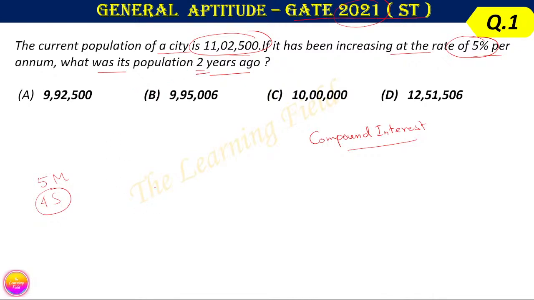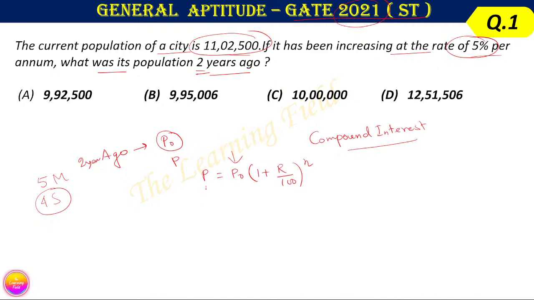Suppose the population 2 years ago is P0, and after 2 years the population is P. Then we can write P equal to P0 into 1 plus R by 100 to the power n, where R is the percentage of increase and n is the number of years. So we have to find P0.